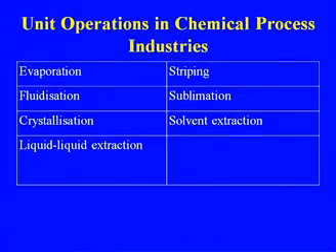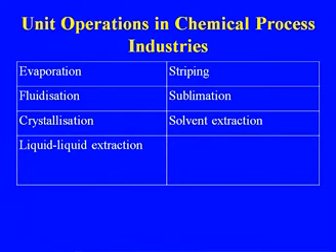Some of the other separation processes that are part of the unit operations are evaporation and fluidization, from the fixed bed to the fluidized bed and moving bed, which came into existence. Crystallization and liquid extraction are used extensively in the petroleum and petrochemical industry.